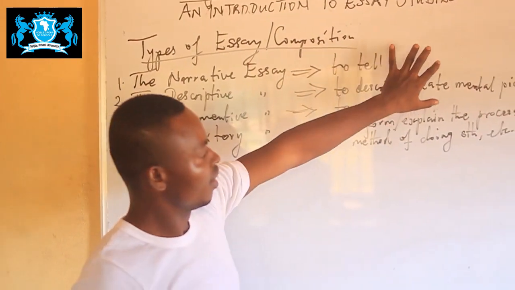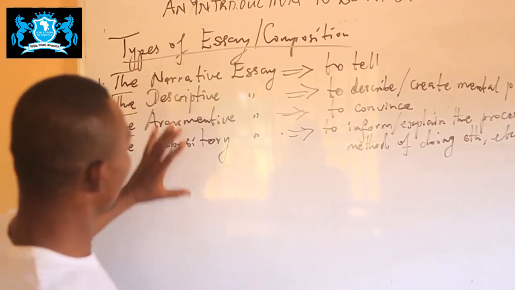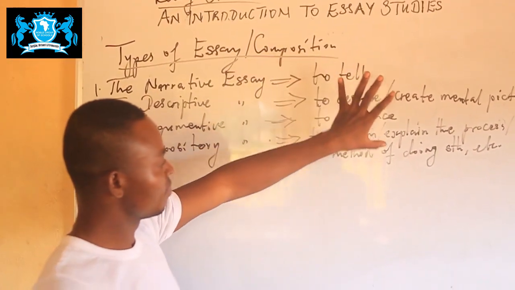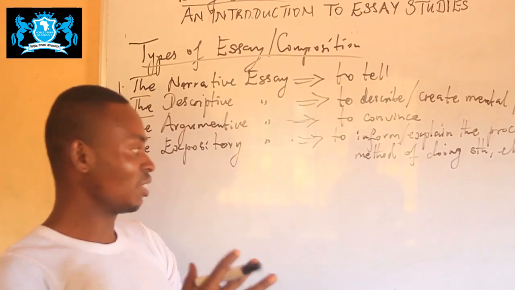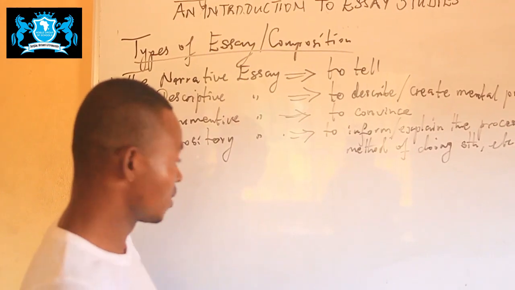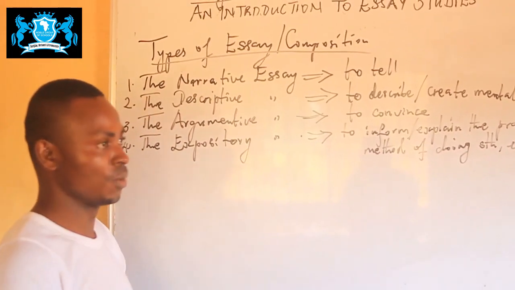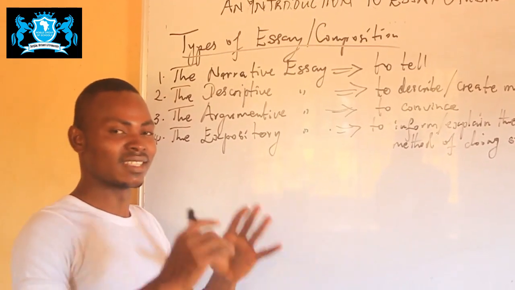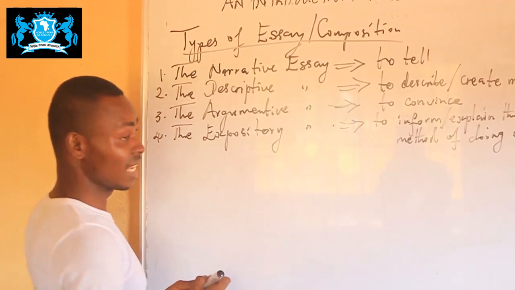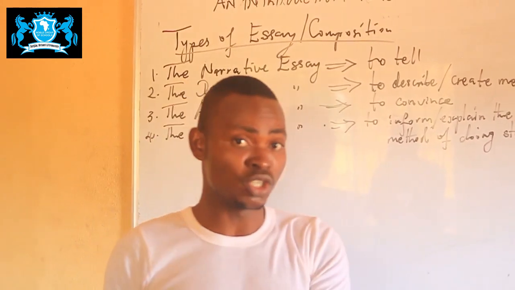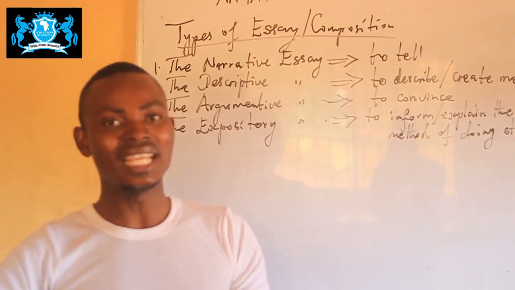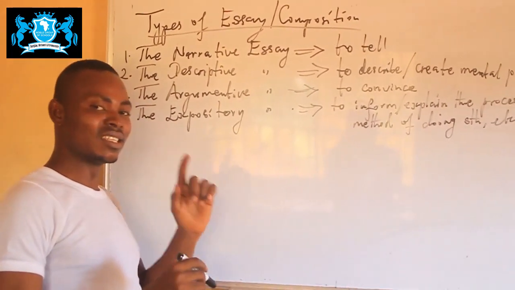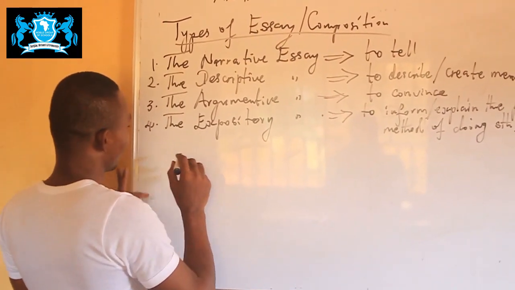Now, these are the four major types of composition or essay, and these are the major functions, which we shall look at in our subsequent studies. But before we wrap this up, it's important to refer back to what we say that essay studies means. We say that essay is a short piece of writing that completely analyzes and discusses a topic. I'll write it again.